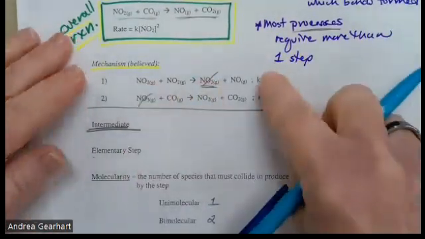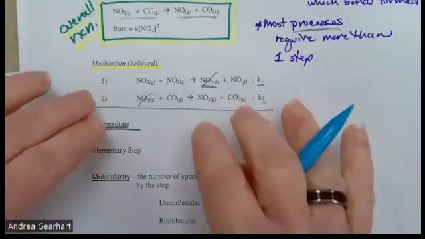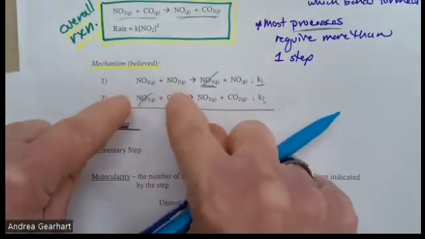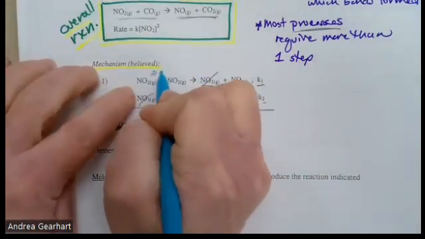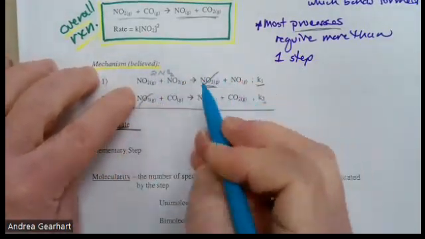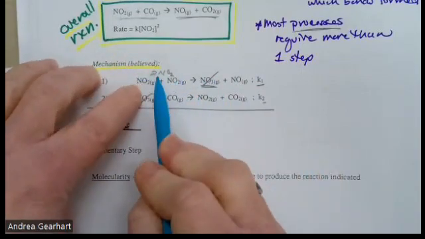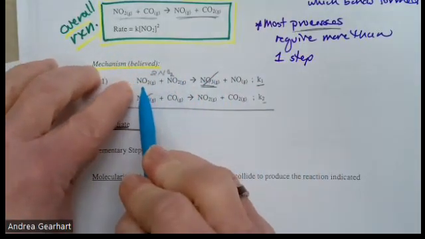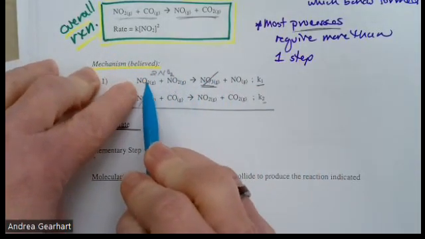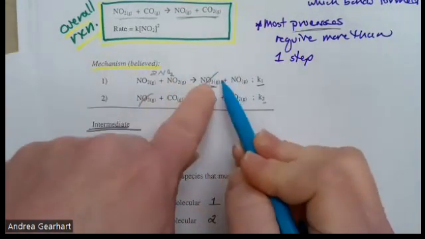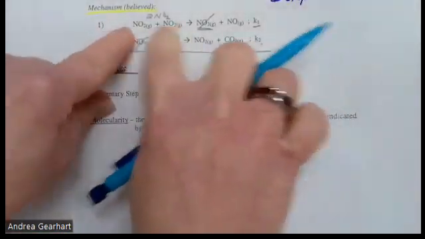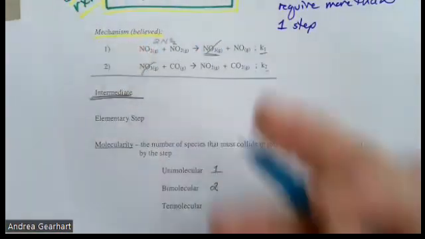The creator of this mechanism wanted to be sure that we did not miss that. If we would have written 2NO2, we may have missed that it was bimolecular, that really it is the NO2 reacting with the NO2 that creates this. So that's why it's writing that instead of collapsing it like we normally do.